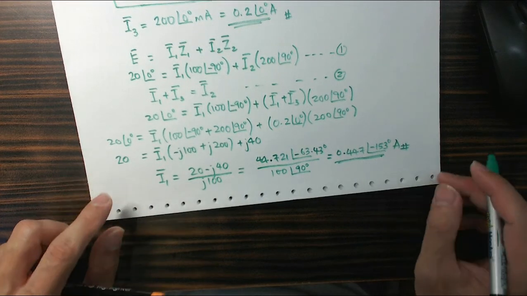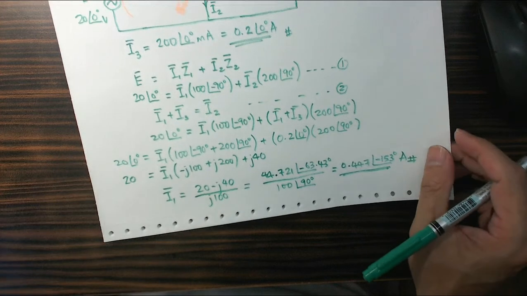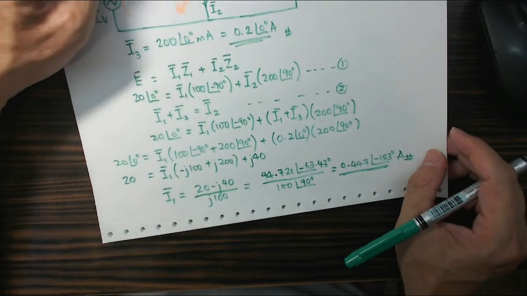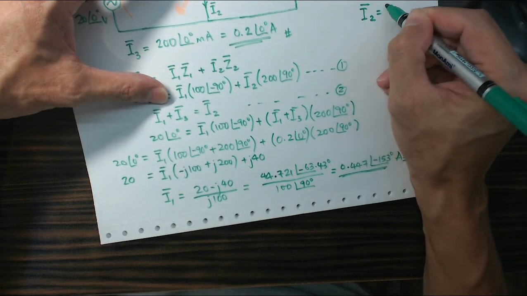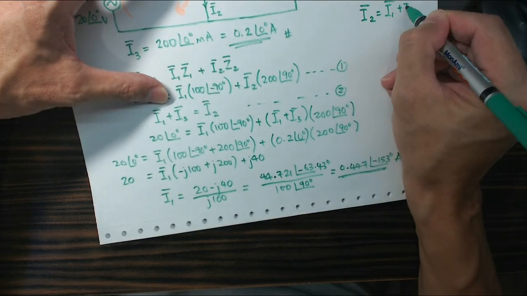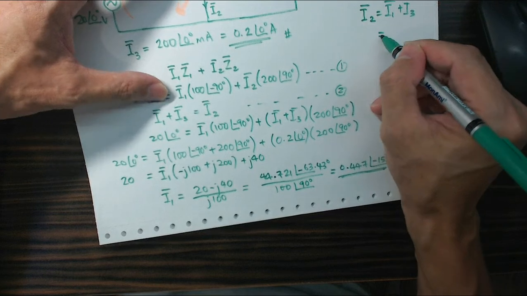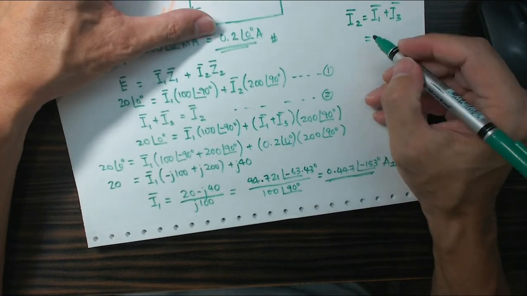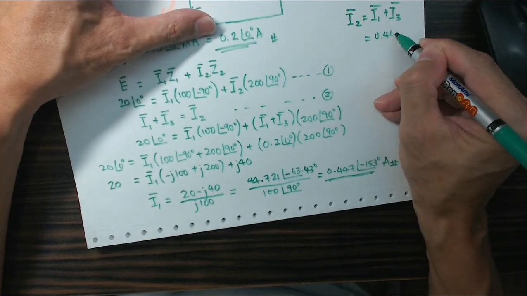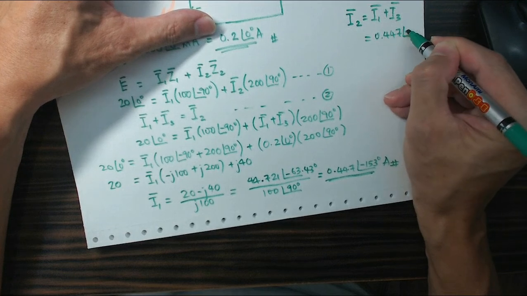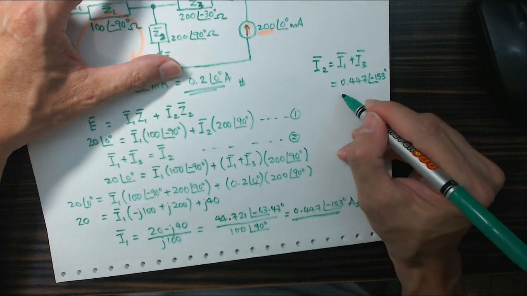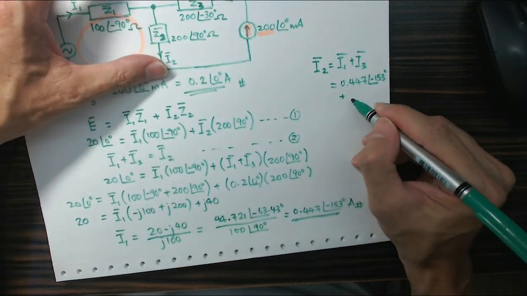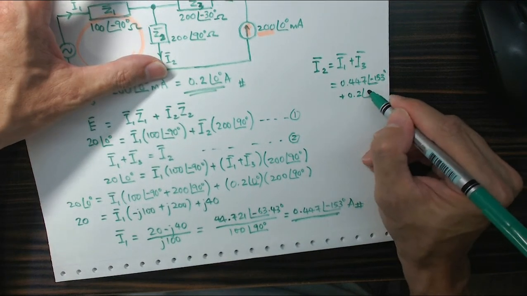From there, I can calculate I2 since I know I2 is I1 plus I3, right? So I2 is I1 plus I3. Since I know I1 now is 0.447 angle minus 153 degrees plus 0.2 angle of 0 degrees.